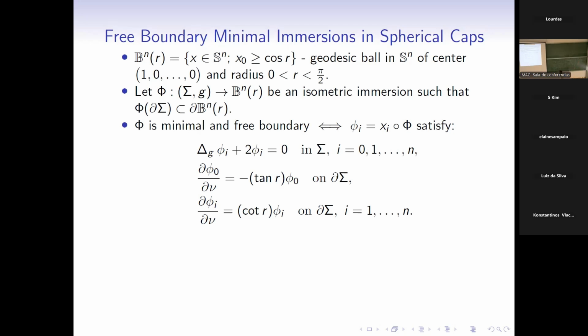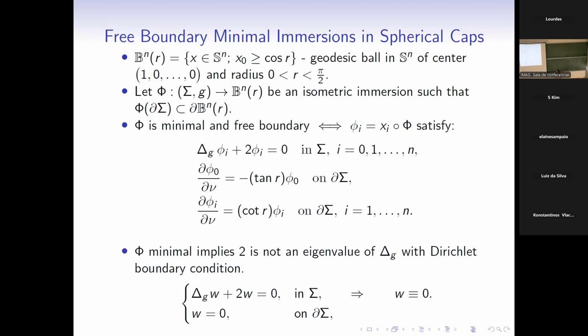Okay, so you see that each one of them will satisfy this in your surface, and the normal derivative of each of them is a multiple of itself, but they come with different values. So the first one, phi naught, the first coordinate here, comes with the value negative tangent of r, and all the other coordinates come with value cotangent of r. Okay, so that was the first thing that we did.